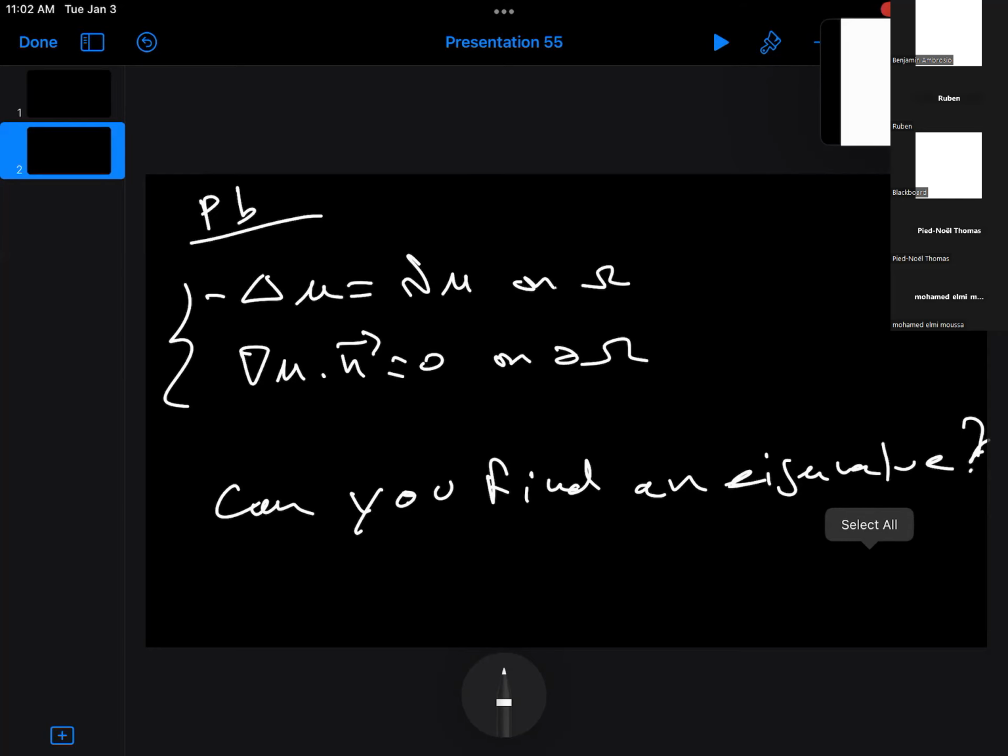And furthermore, I want that when I take the gradient of u, and this point here is the scalar product, we're working on Rn, this is 0.